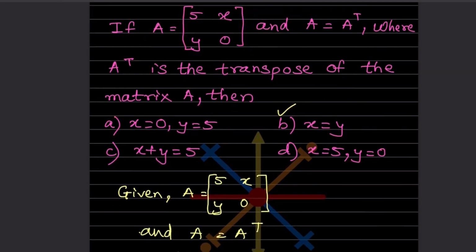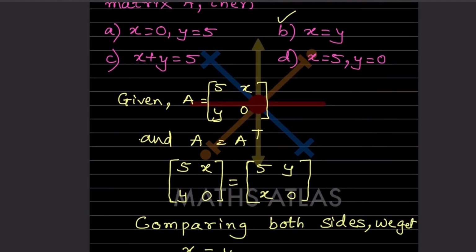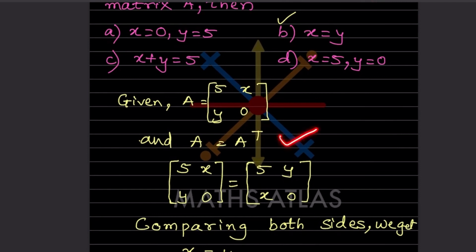So let us solve this one. First, let us keep this A, write it as it is. And what will be the transpose of this matrix? So now see here, A is equal to A^T, that is the transpose. So this is A, and we have to write the transpose of it.